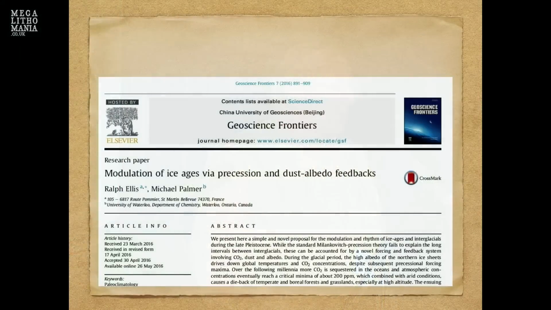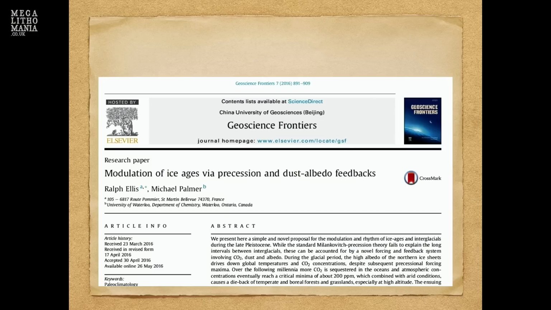Well, one of the things we can do with it is we can have a look at paleoclimatology. I don't know if you know, but I've written a peer review science paper on ice ages because I was a bit concerned that in the 21st century we don't know how ice ages are modulated.